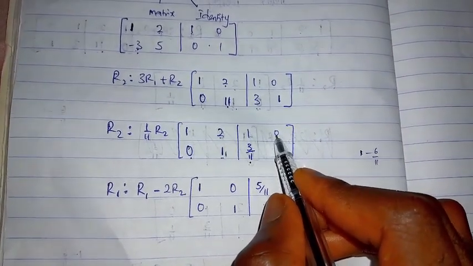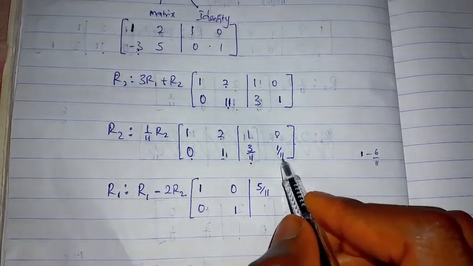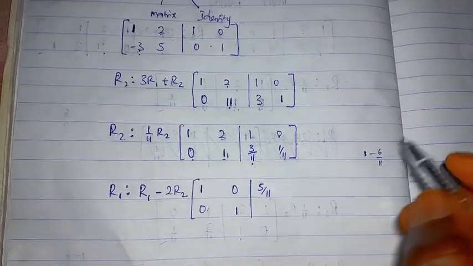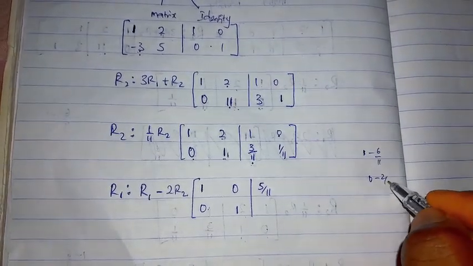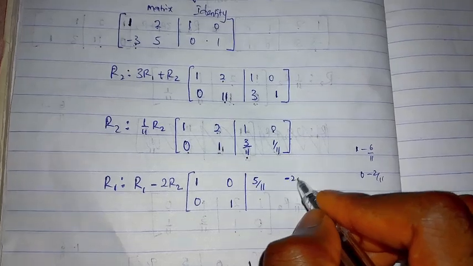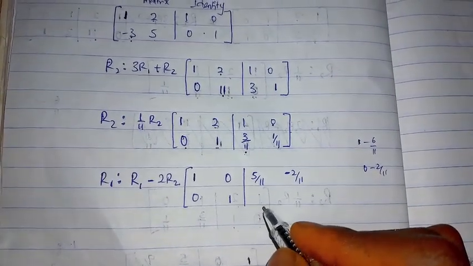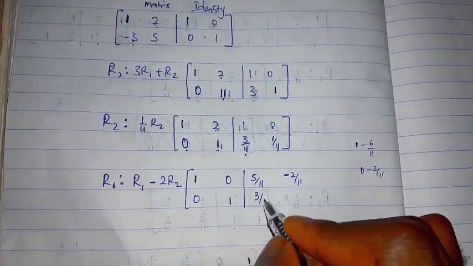Then 0 minus 2 times 1 over 11 is 0 minus 2 over 11, which becomes minus 2 over 11.